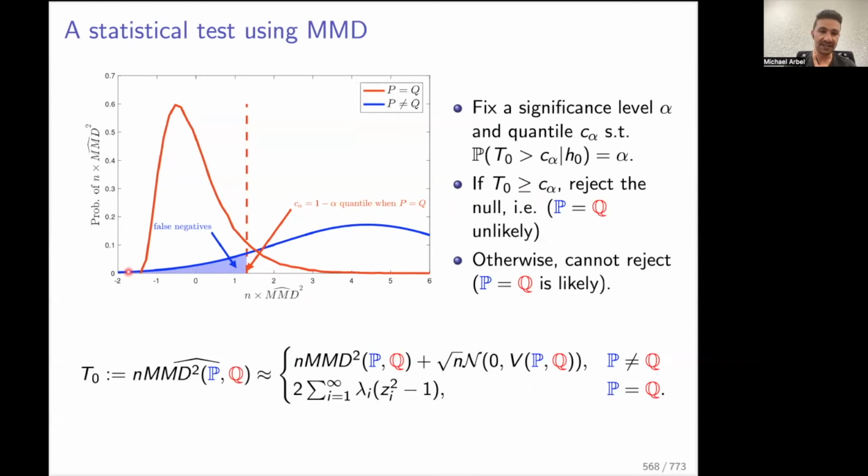The problem is that the density, the red one, is very complicated, because it involves some eigenvalues of some unknown operator. And so it's hard to compute the quantiles directly.